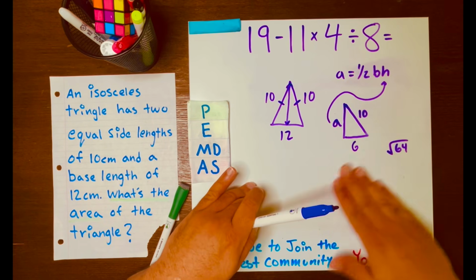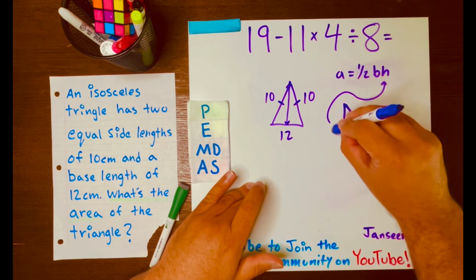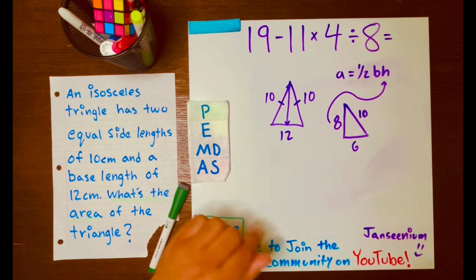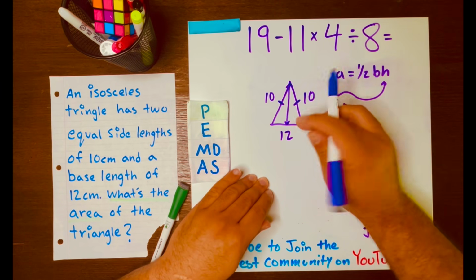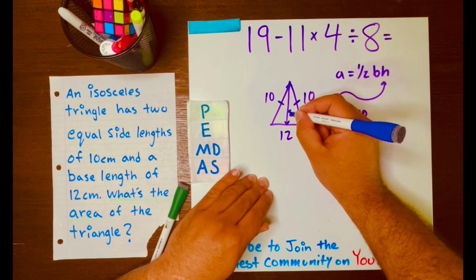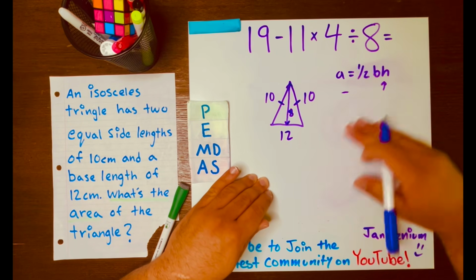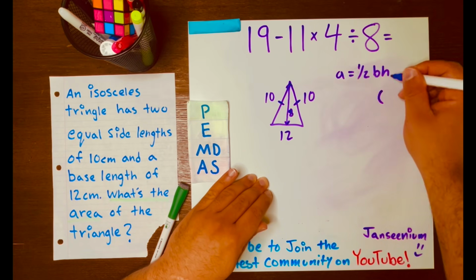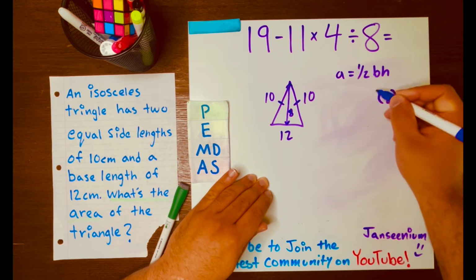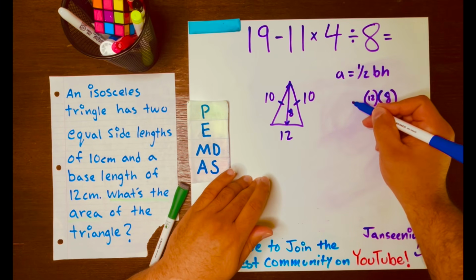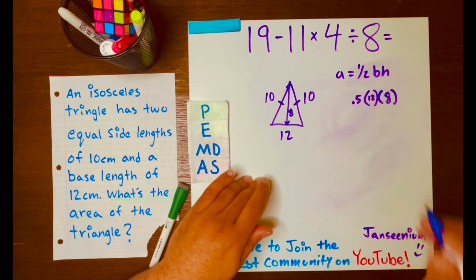I'll erase all this and write in the 8. So now we go back to the original triangle, and we know the height is 8. And now all you have to do is plug in the 8 as the height. The base is 12. And then the 1/2 is 0.5.